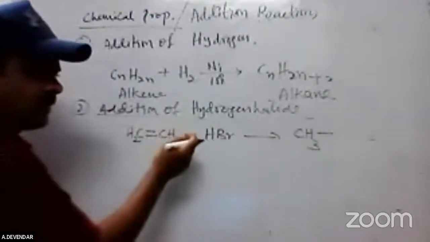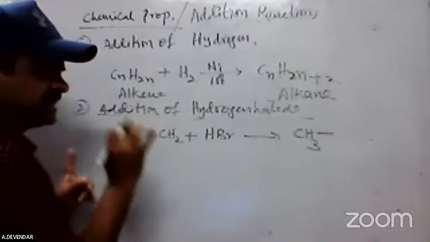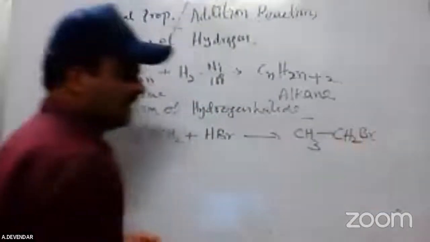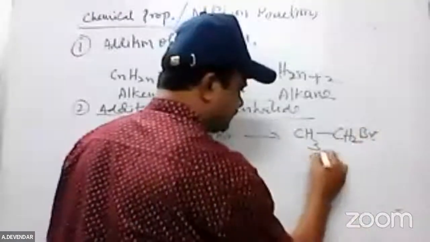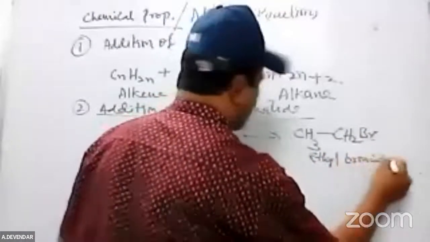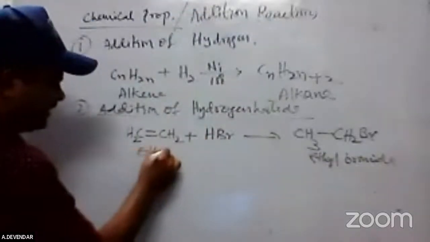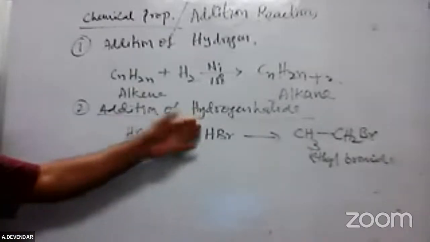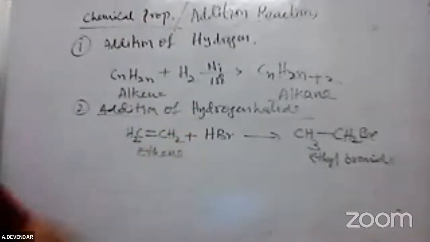Because the pi bond is broken and the single sigma bond is present. CH2Br. What is this? Ethyl bromide. This is called an addition reaction. It is ethene, very simple. When hydrogen halide is added to ethene, you get ethyl bromide.